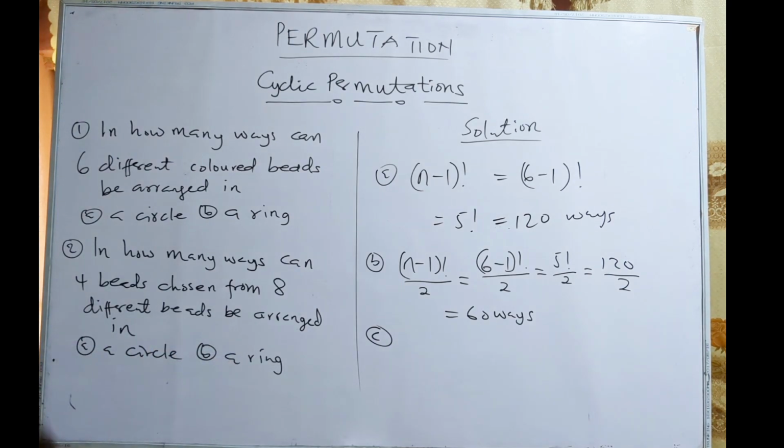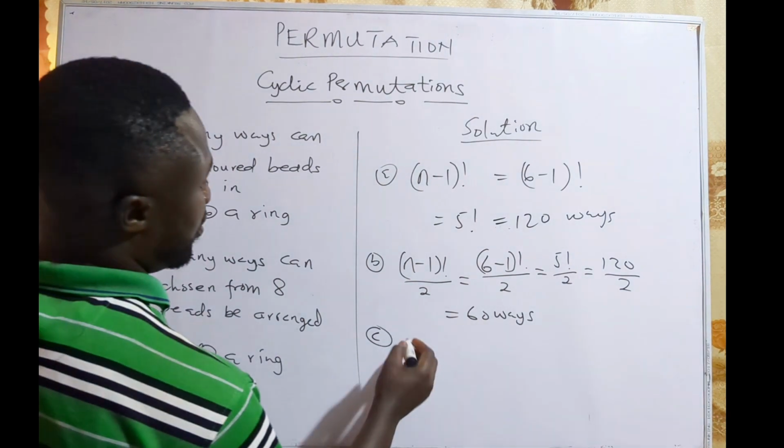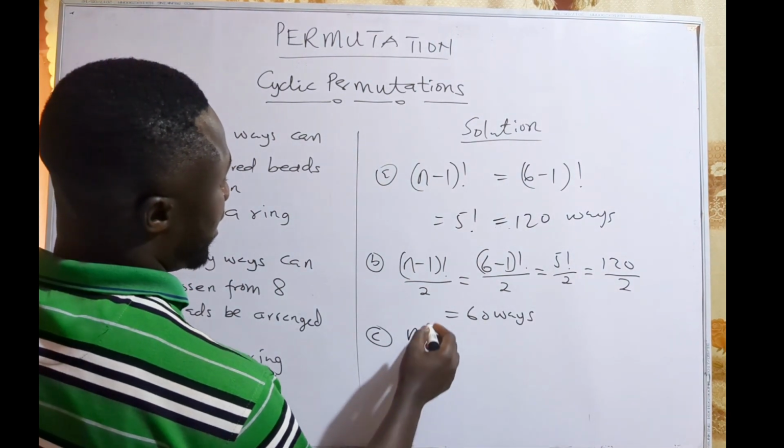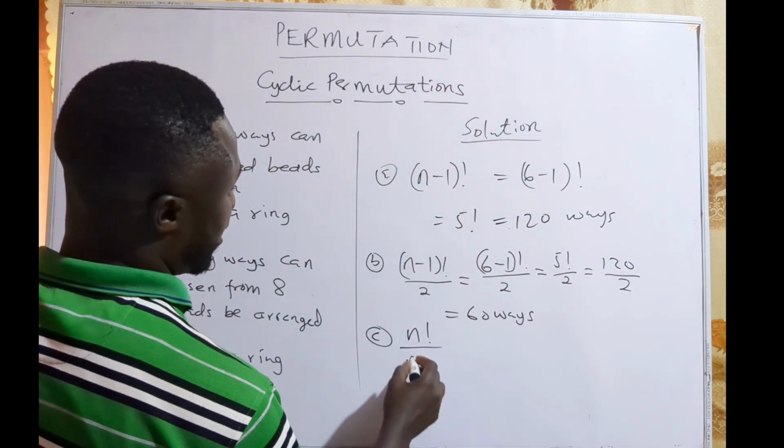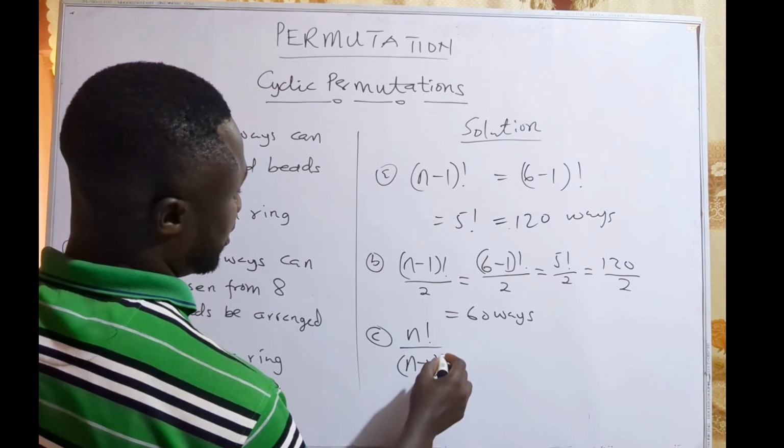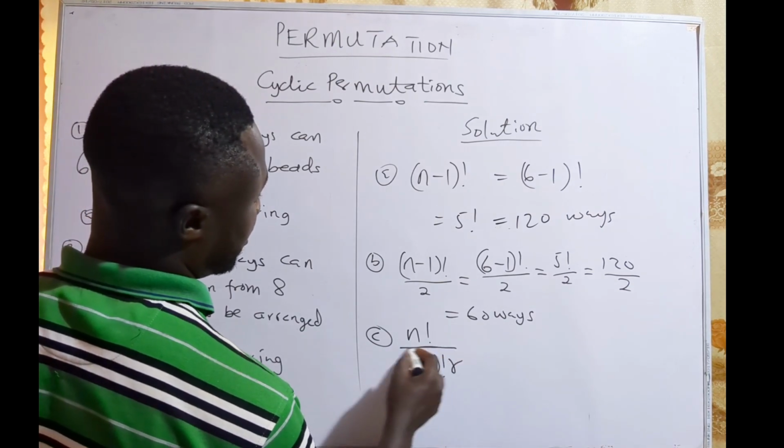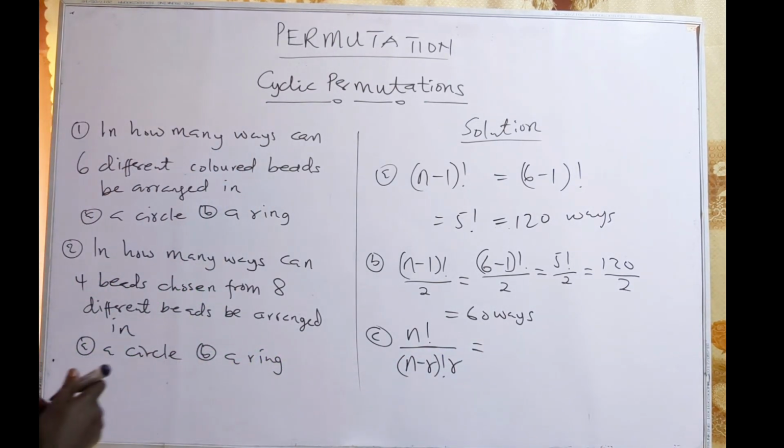Okay, then C: in how many ways can 4 beads chosen from 8 different beads be arranged in a circle? So when you are choosing some from the number of objects, then in a circle form the formula will be n factorial divided by n minus r all factorial multiplied by r. So here, what will be my n?